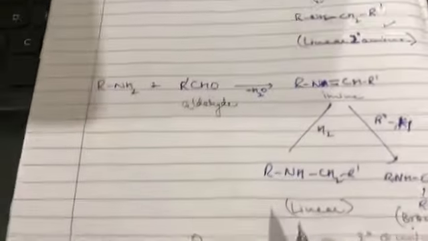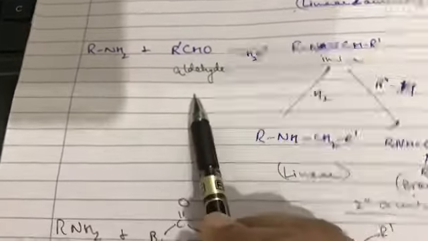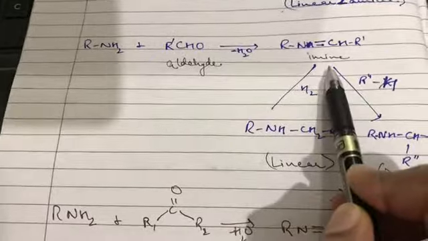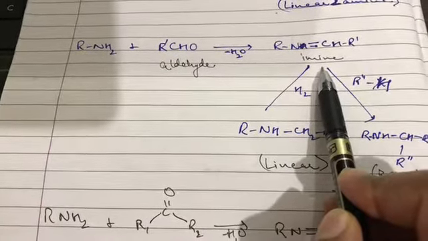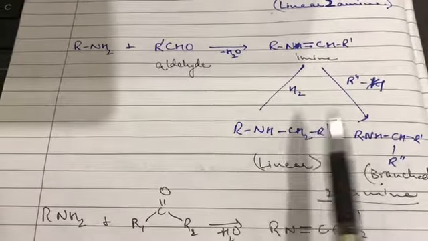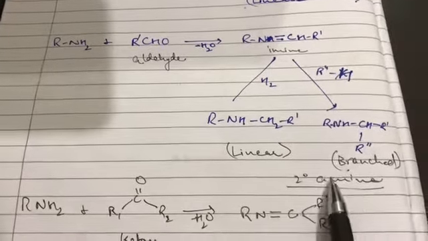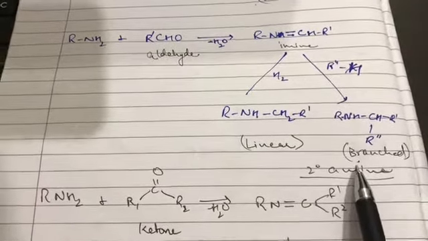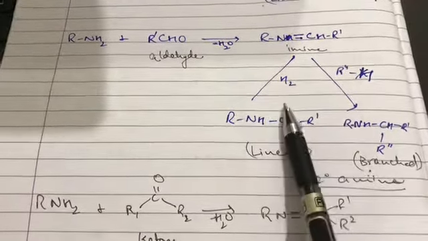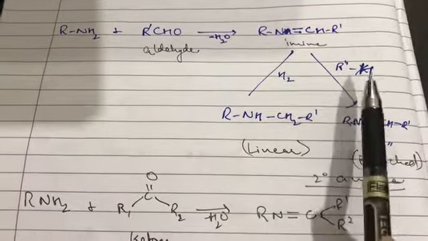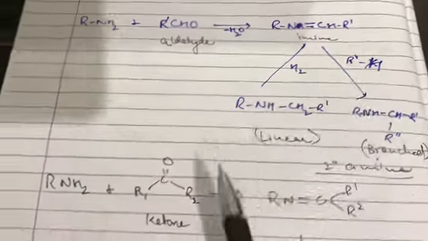Just like that, if we use aldehyde, we get an imine, and upon reduction we can get either a linear amine or a branched amine, based on whichever reduction or addition product we used.